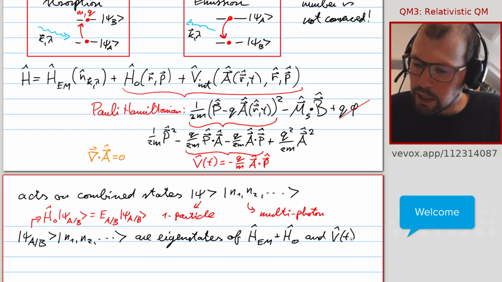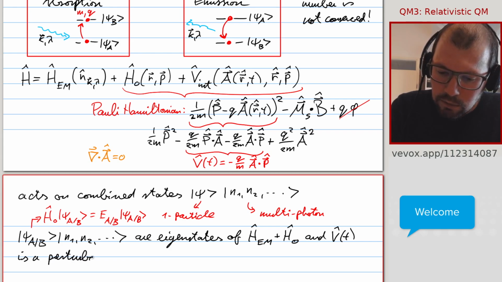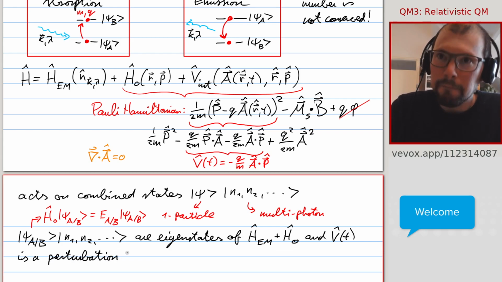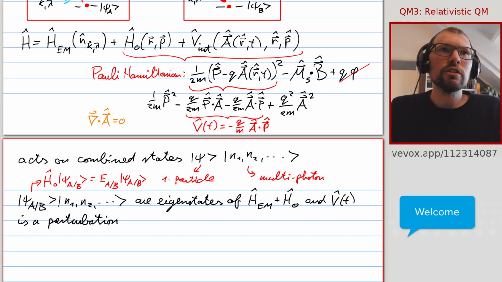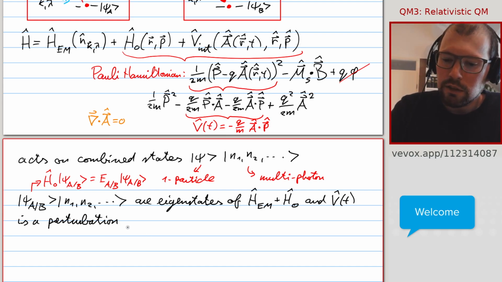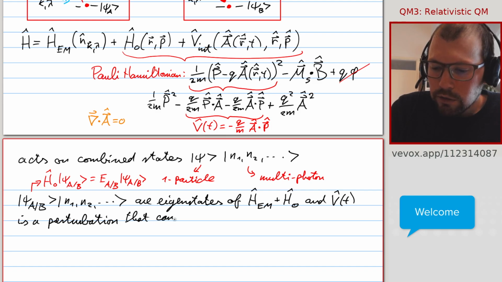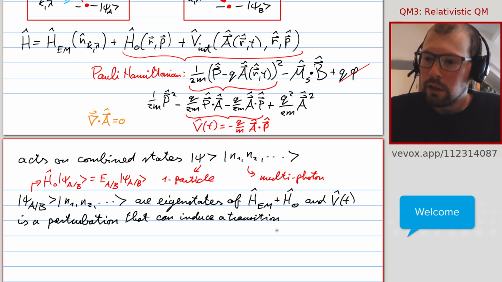So this V hat of t is a perturbation that can induce a transition between these different eigenstates.